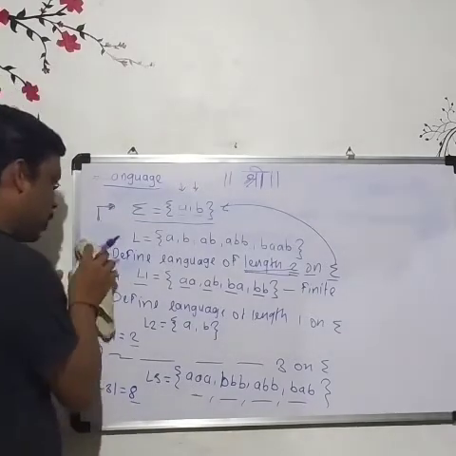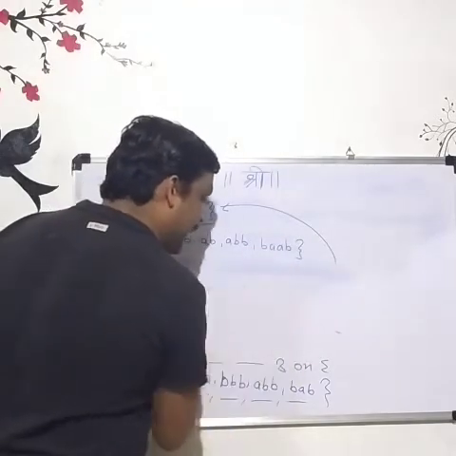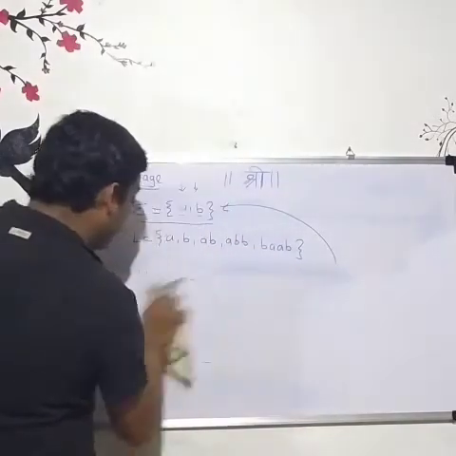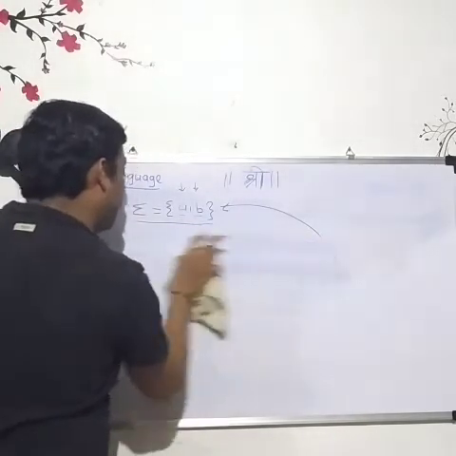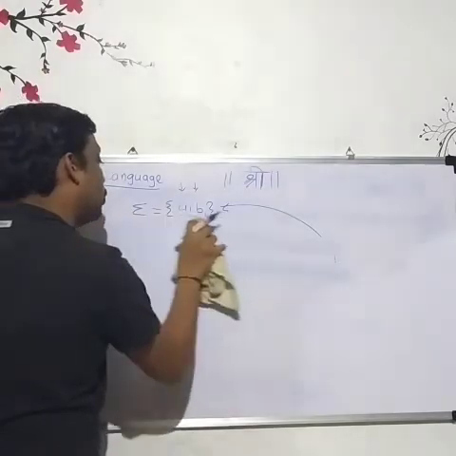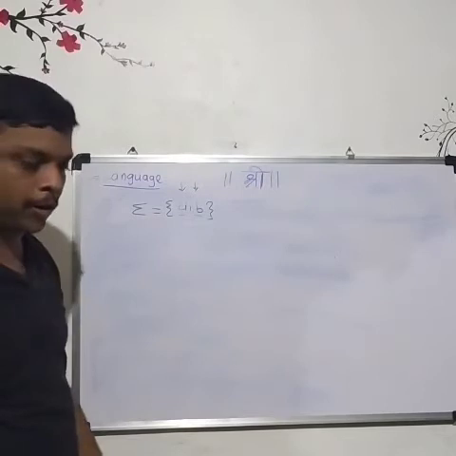Now I just want to discuss one more example where the language will be an infinite language. Let us assume the next question, number 4. Let us assume sigma is the same. Sigma is A comma B only.